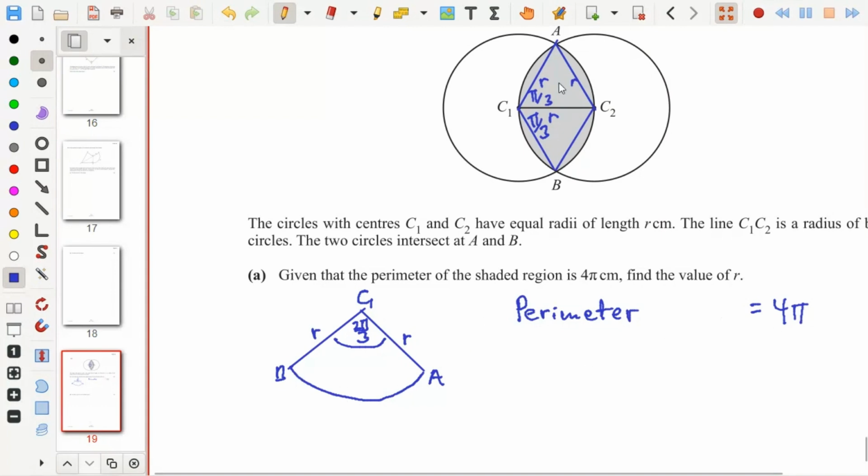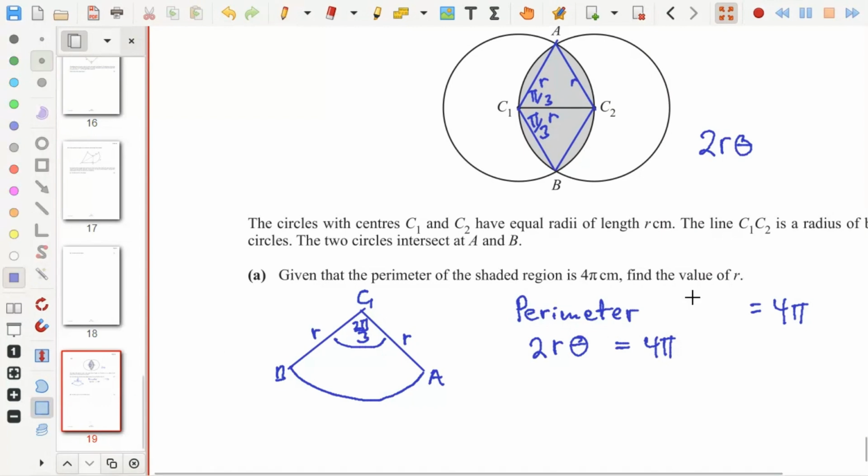Mind you, the length of this arc will be the same as the length of the arc here. Okay. And the length of the arc is r theta. Don't forget. So since I have two of them, it will be 2 r theta. So 2 r theta is equal to 4 pi.